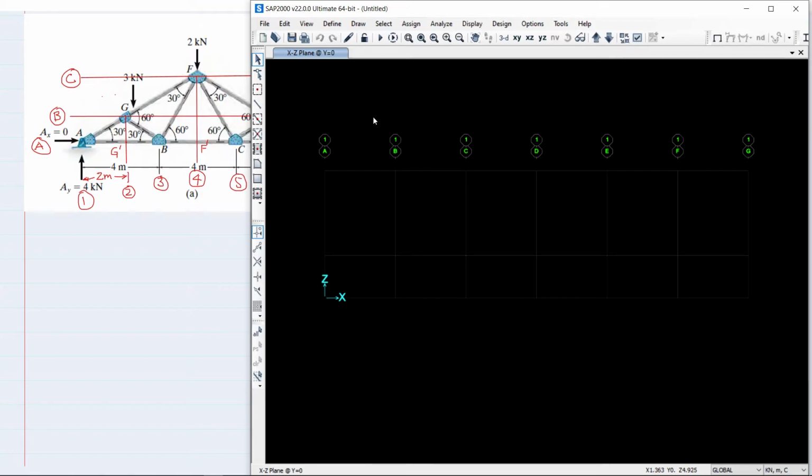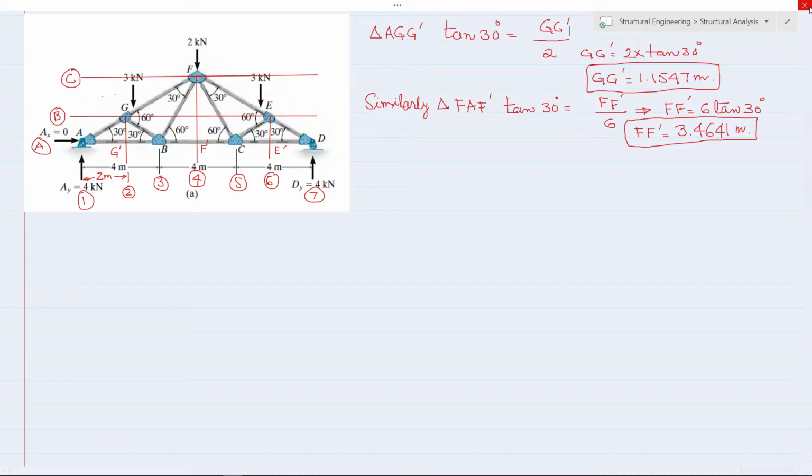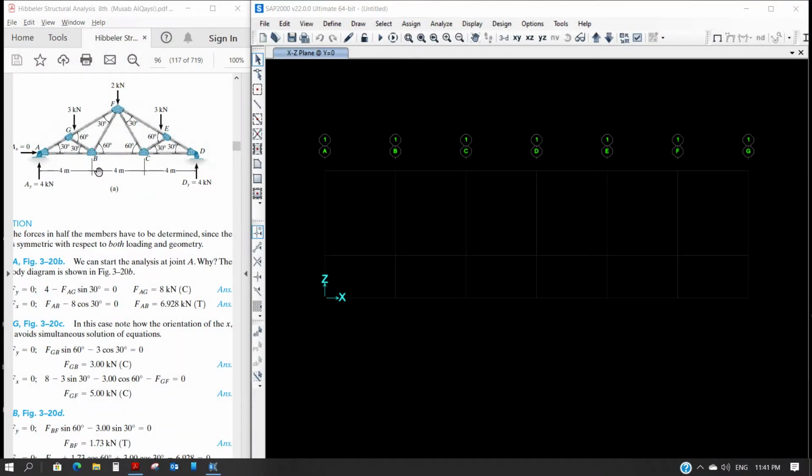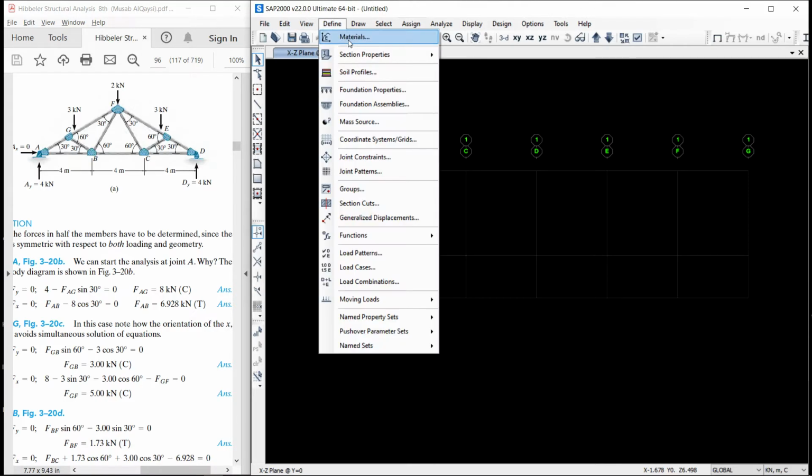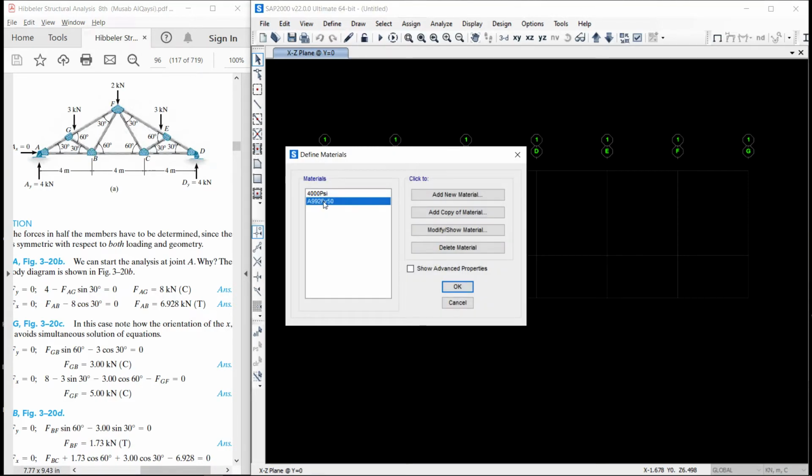So now we have to develop our model. Let's see. So first member will be A to B, which will be 4 meter long. Let us define material. It will be a steel.